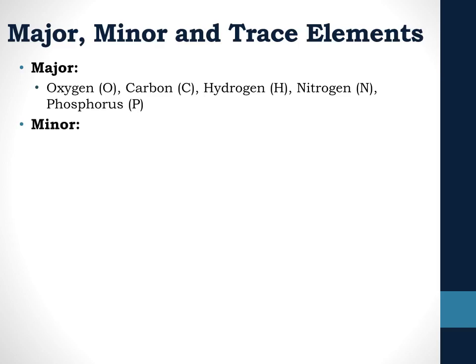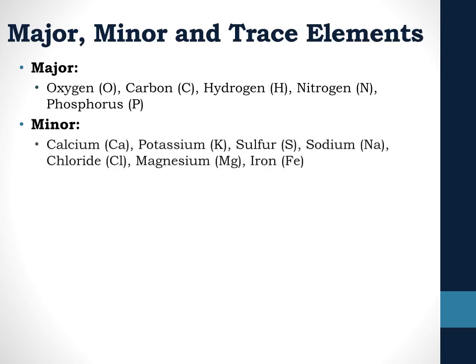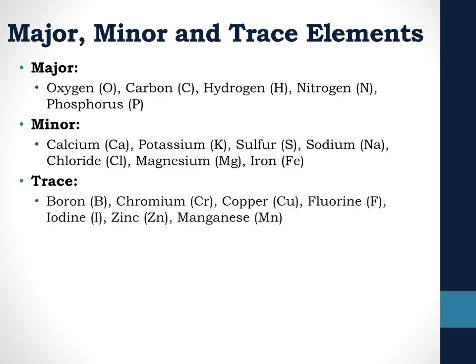P, phosphorus. N, nitrogen. You do not have to write out elemental names. You simply use the elemental symbols. C is carbon, H is hydrogen, O is oxygen, N is nitrogen, P is phosphorus.